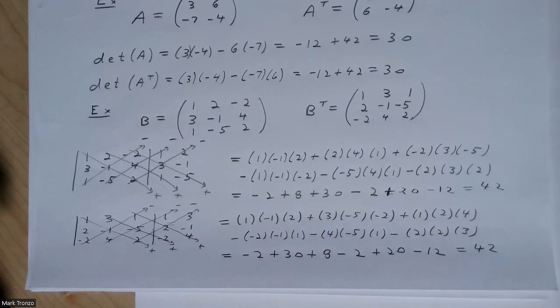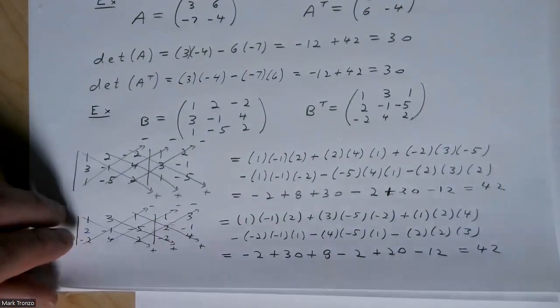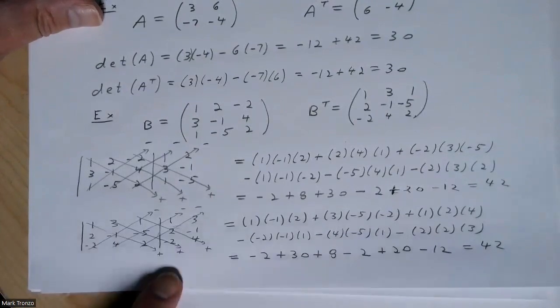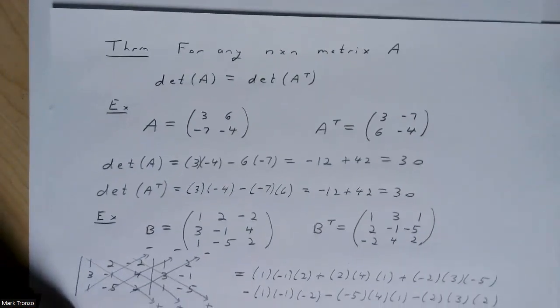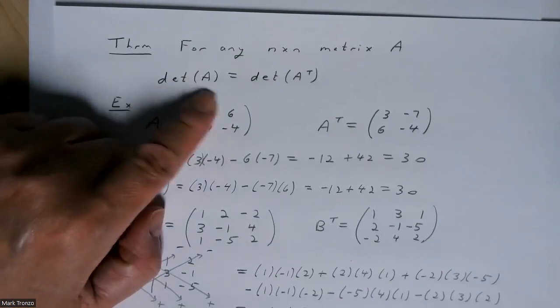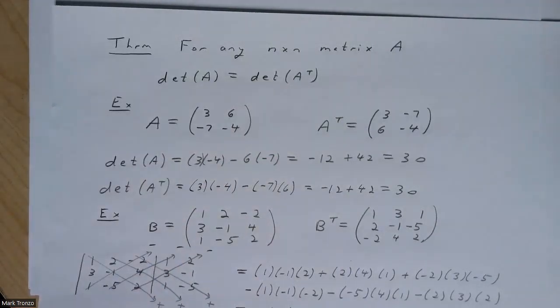So the whole point here, again, this doesn't prove that it's true, but there is a proof available that it's true. This is just to demonstrate that for any square matrix, the determinant of the matrix itself is equal to the determinant of the transpose of that matrix.